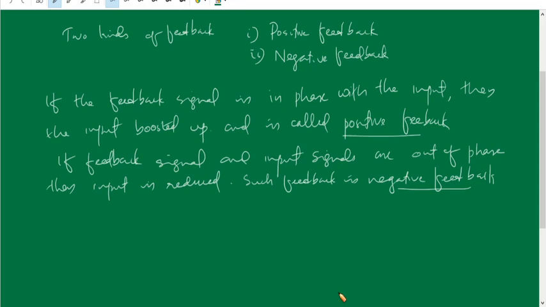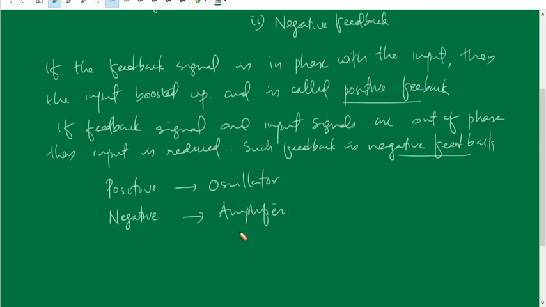In general, positive feedback is used in oscillators, while negative feedback is generally used in amplifiers. Okay, so positive feedback is used in oscillators, negative feedback is used in amplifiers.